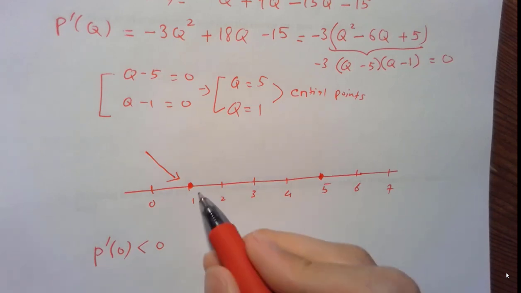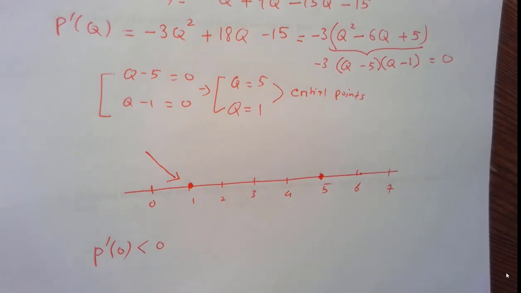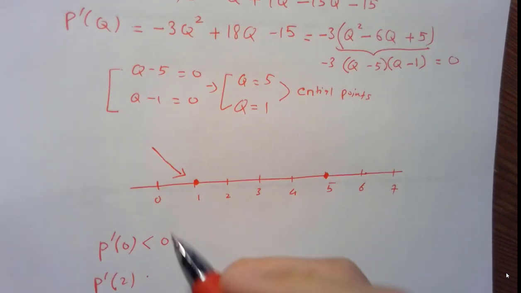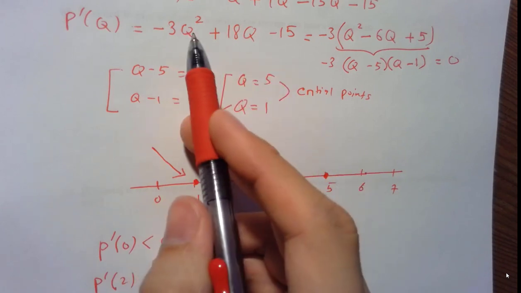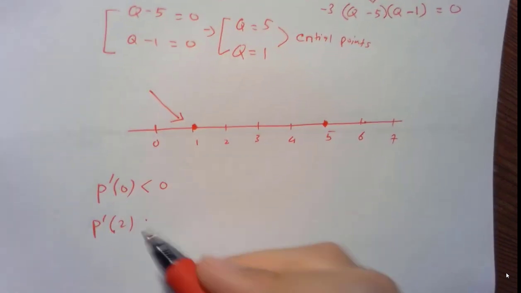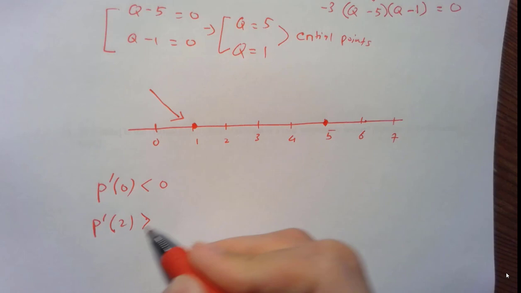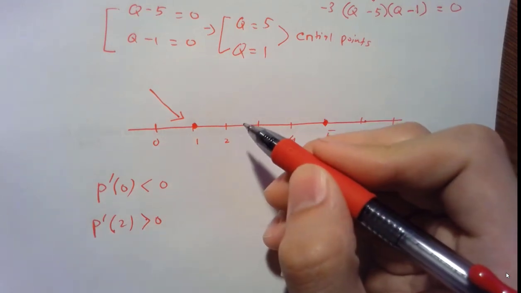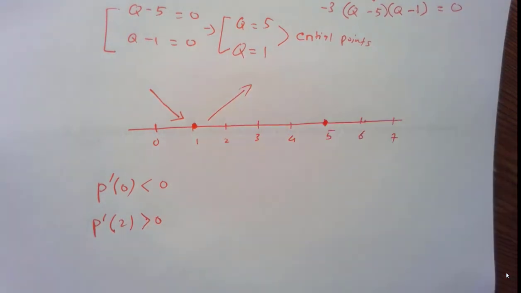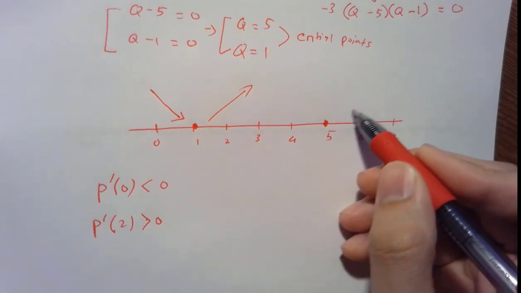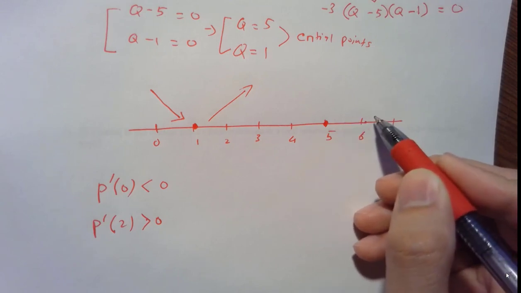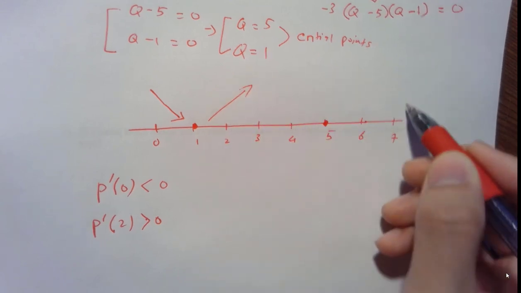Now, one value on the right side of 1, let's pick 2. P prime of 2, and P prime is this function as well. Plug in 2 for Q. I get something bigger than 0, so it's increasing. And then one value on the right side of 5, which is also the right side of the interval after 1.